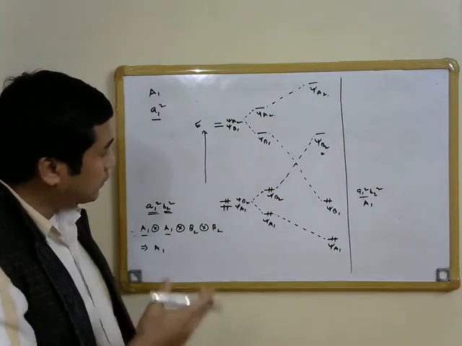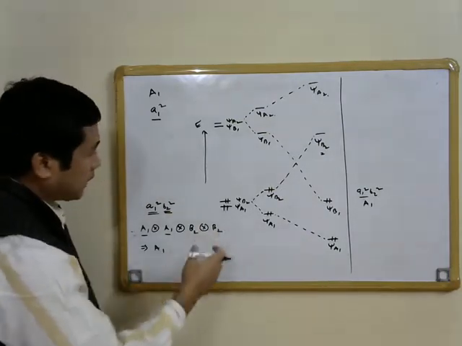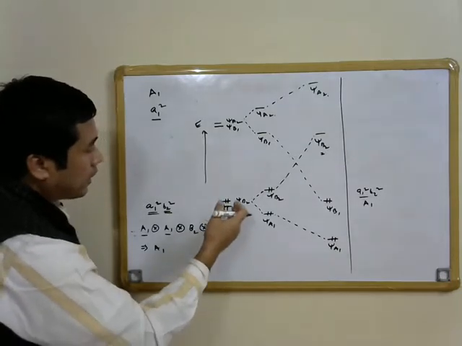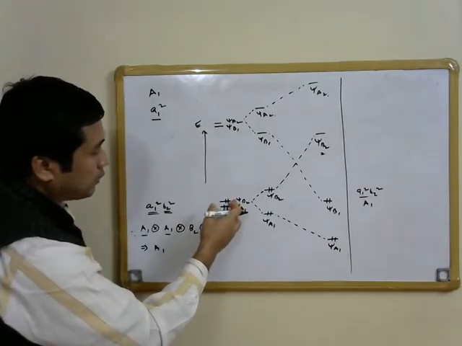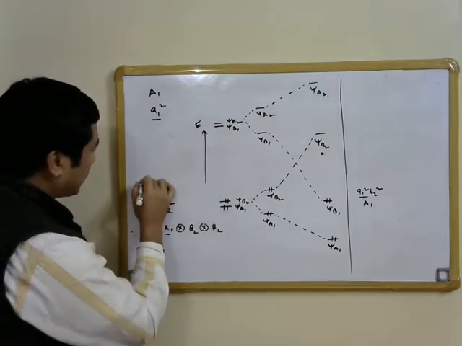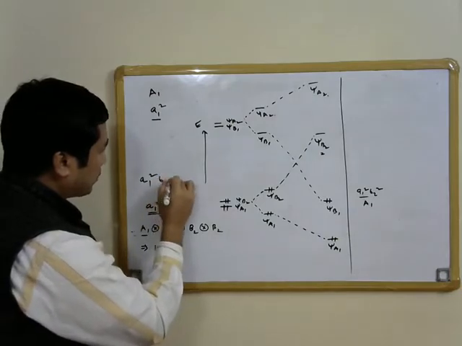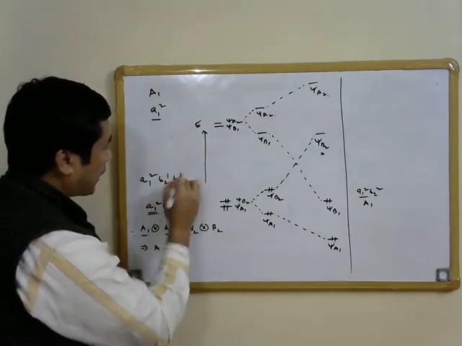Now let us write the first excited state of the reacting system. The first excited state we obtain by lifting an electron from this B2 orbital to this B1 orbital. So the electronic configuration is going to be A1 2 B2 1 B1 1.